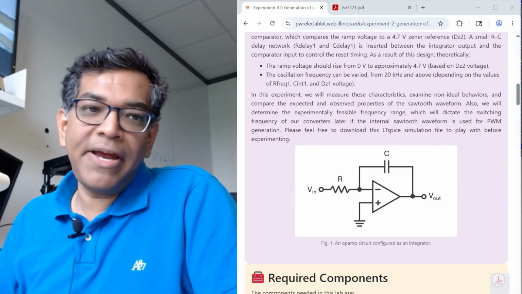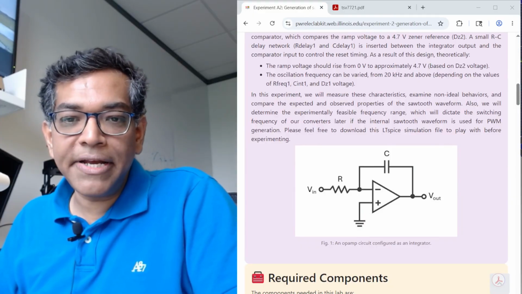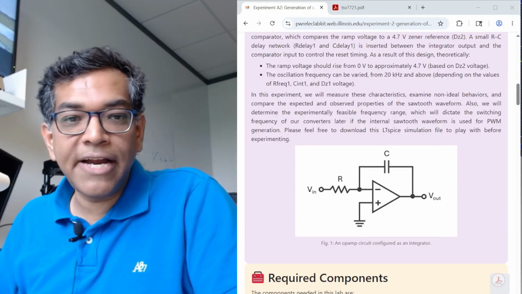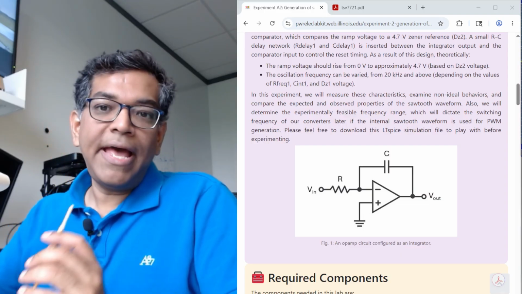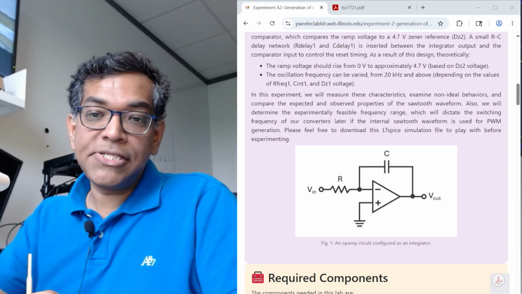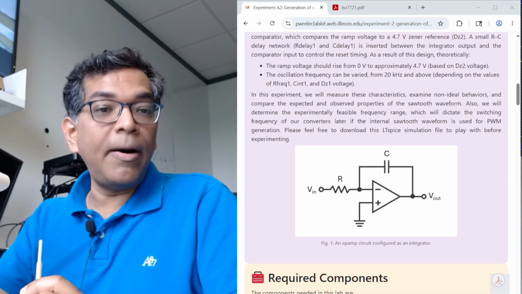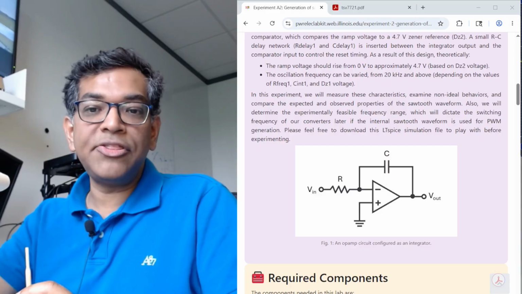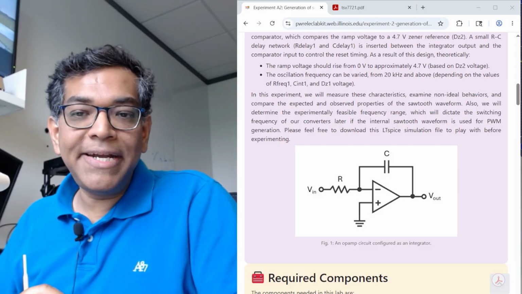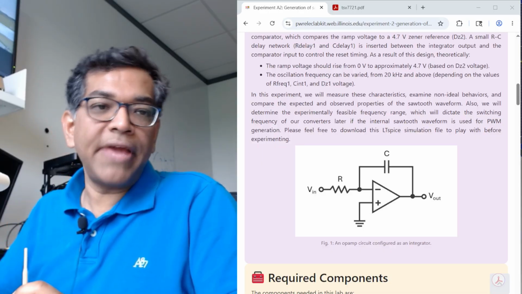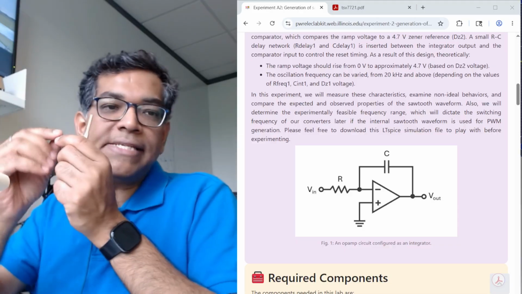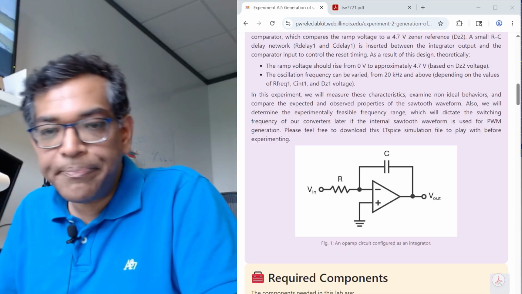This is a very standard basic op amp integrator. All you have to do is give a constant voltage at Vin, and Vout will have a ramp, and based on where the ramp is, we put a comparator and figure out that at a certain threshold we will discharge this cap, and as the cap discharges, we basically kill the voltage across that cap. So the cap basically holds the voltage of that ramp.